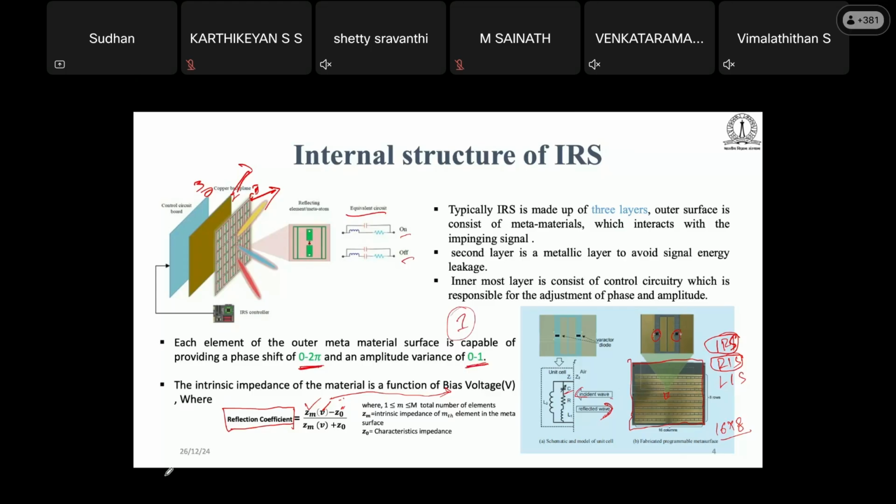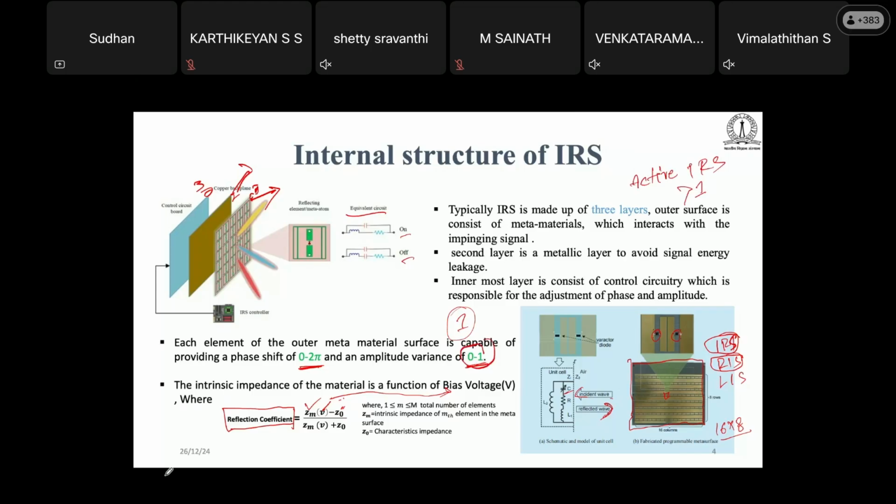For active, there is another case we will not discuss here, called active IRS, where they use amplitude greater than or equal to 1. So this is called the active. But for the case of passive, it varies from 0 to 1. So this is the main property of IRS.